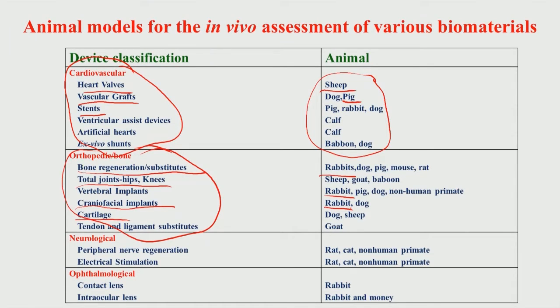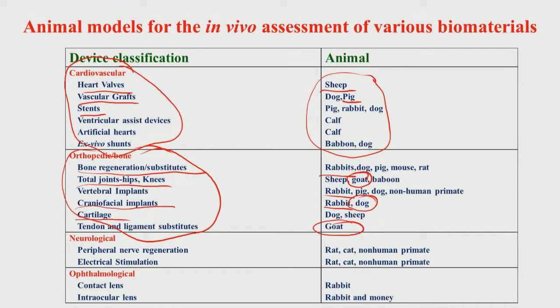The next level of model after the rabbit, if the material is found to be biocompatible: people more often validate the biocompatibility testing of the lower animal in the higher animal, and for that people can use goat model or dog model. So, goat and dog models are the next level of model that people use.